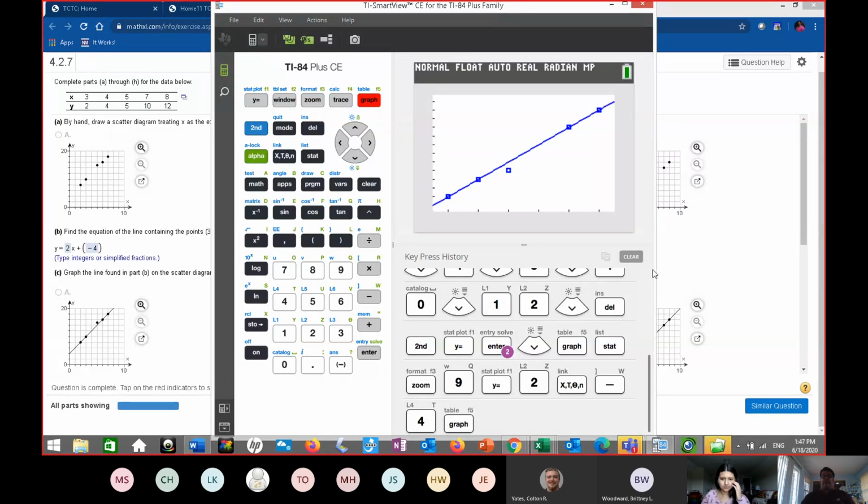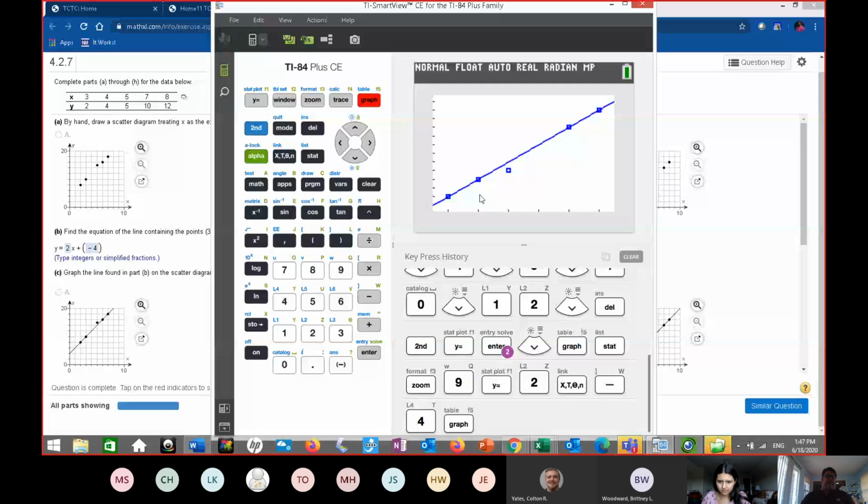Okay, now what's wrong with that? Well, it's not a best fit, because if it was best fit, it would be between the bubbles, not on all 4 of them. It's a close best fit, but it's not the best fit.